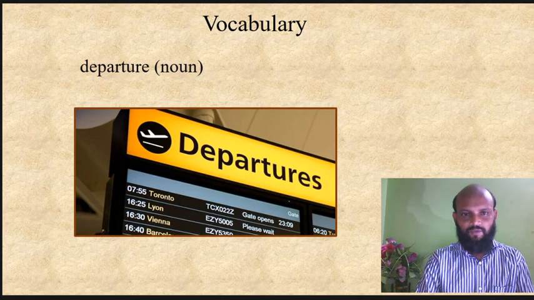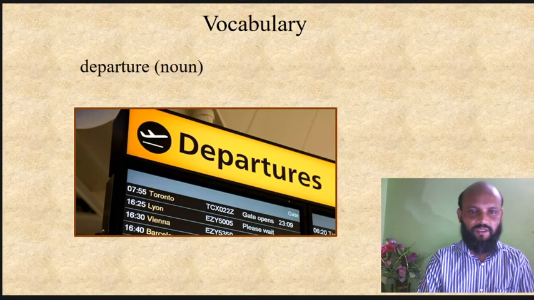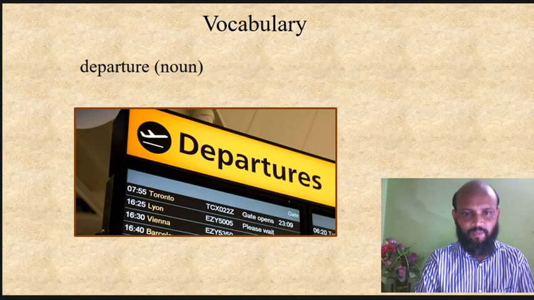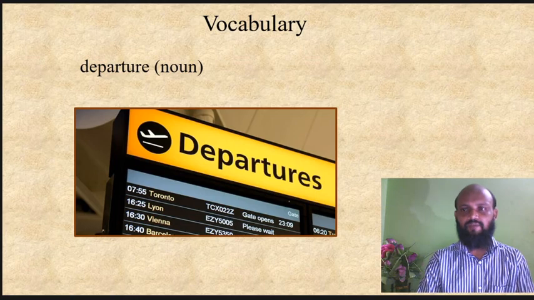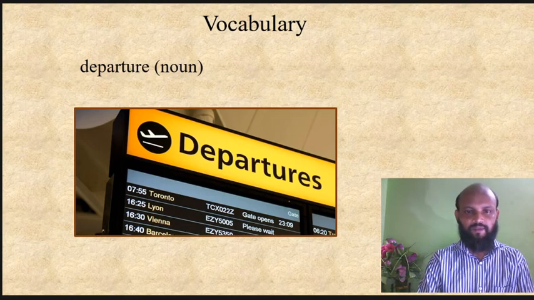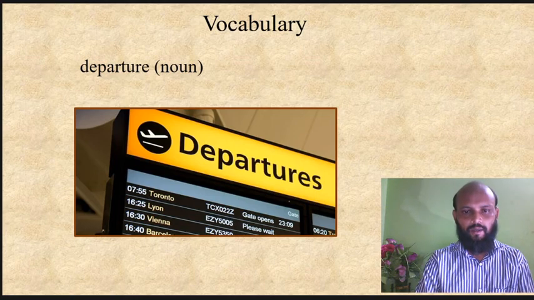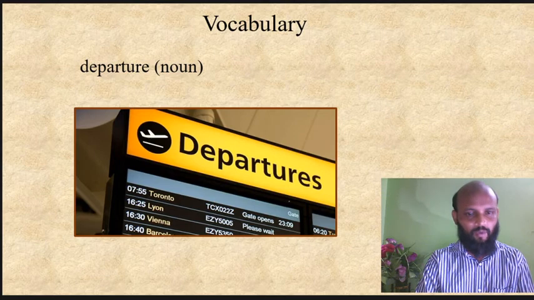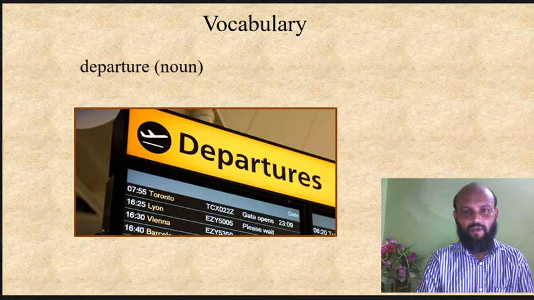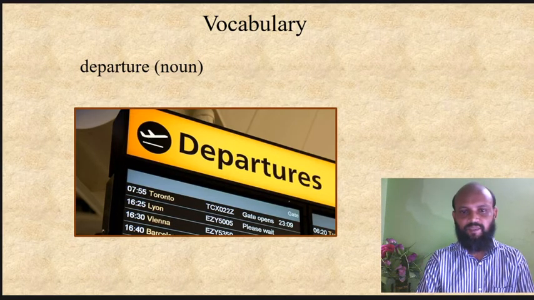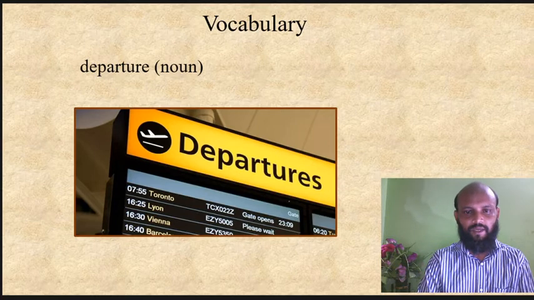This is a noun. What do you mean by this word? In the picture it is written "Departures" with a symbol of a plane. That means this is a picture from an airport, and following this word you see a timetable of leaving and arriving.